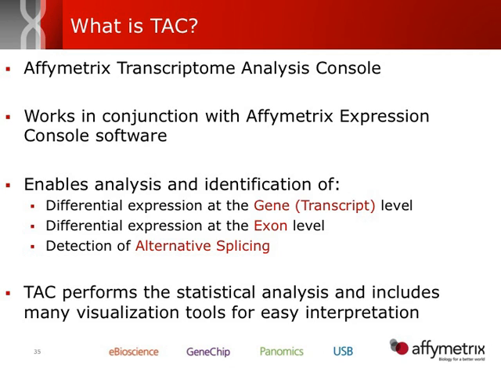You can do the analysis at different levels, whether you want to look at gene level or exon or alternative splicing level. And TAC, or Transcriptome Analysis Console, is really the first time that Affymetrix has designed expression software to do statistical analysis. And we're really happy with the results, and we're getting some really good feedback on the ease of use and the power behind the software.